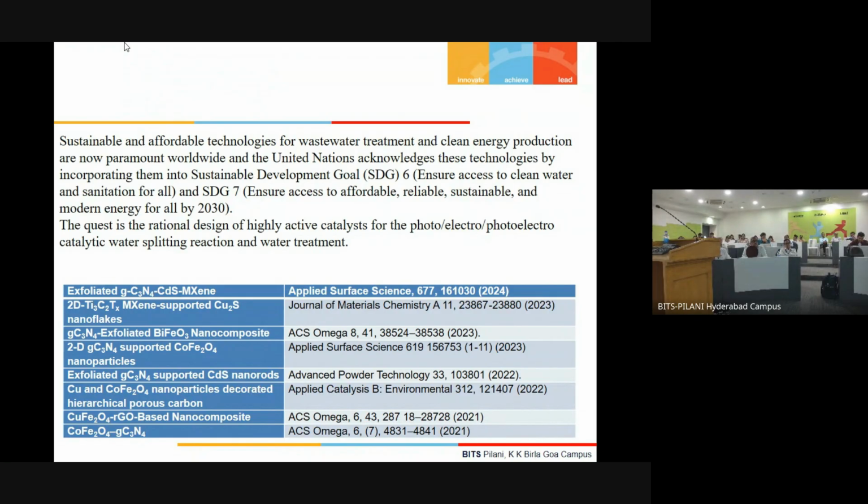We have also developed some multifunctional material which is good as a cathode material for supercapacitor applications, and also shows good electrocatalytic property for water splitting, particularly for the OER reaction. These are some examples of the materials we have been developing for the last couple of years. From them I will take 2-3 examples to present to you.